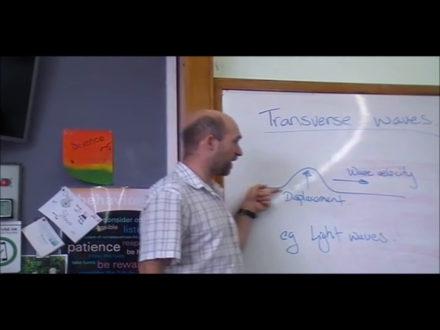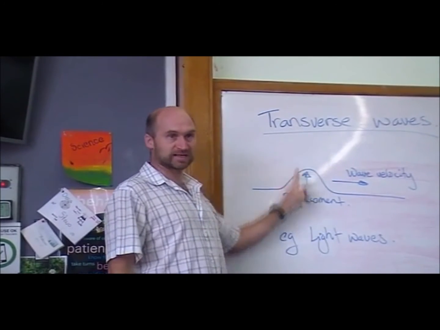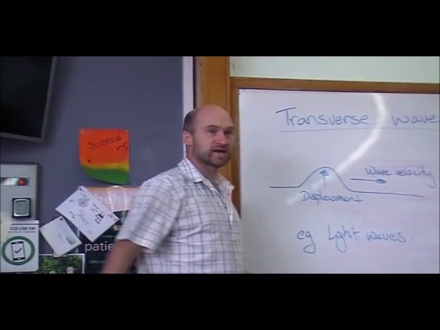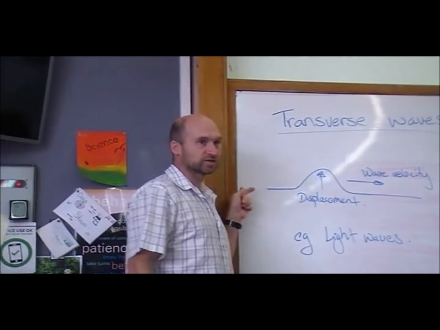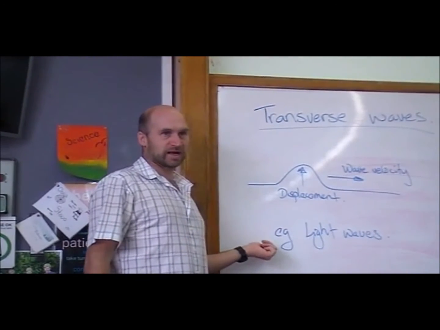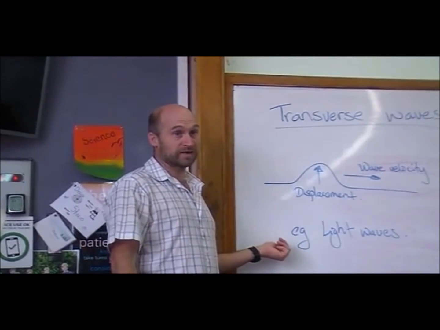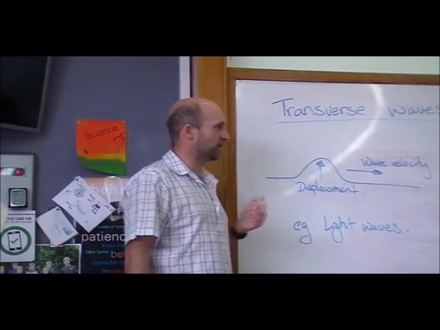Transverse wave: the wave is travelling along and the medium is displaced up or down or left or right. The key thing is that the medium is displaced at right angles to the direction the wave is travelling. And so that could be something like a light wave, it could be an earthquake wave, it could be a water wave. That's the sort of waves that we have as transverse waves.